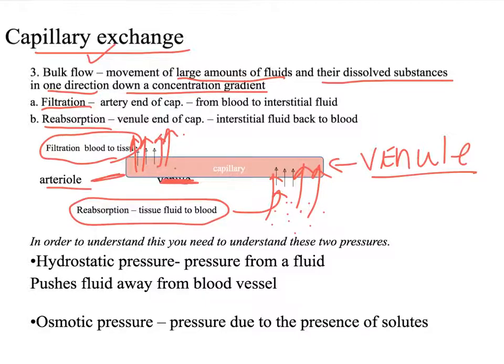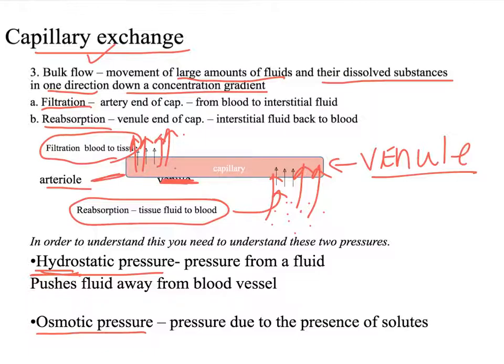Now, to explain this, they know way more about this than you'll ever want to know. In order to understand this, you have to understand hydrostatic pressure and osmotic pressure. Hydro, like in hydraulics, is pressure from a fluid.